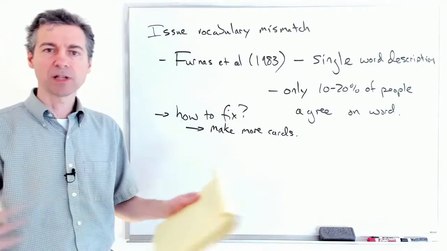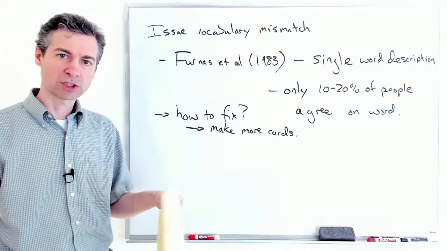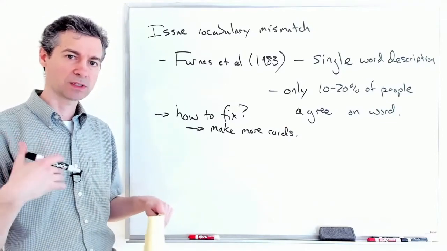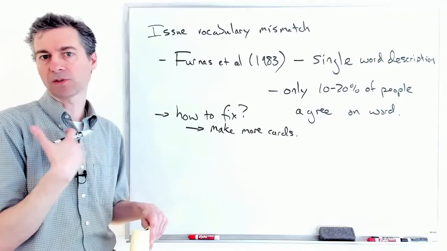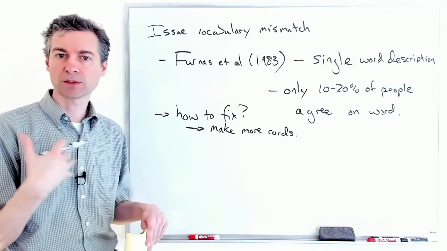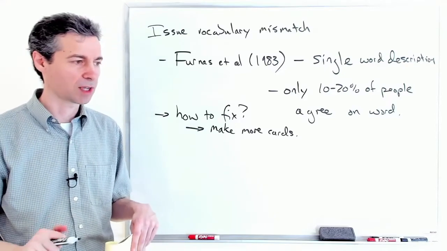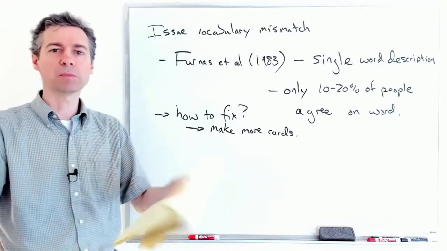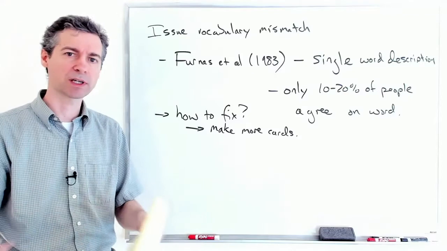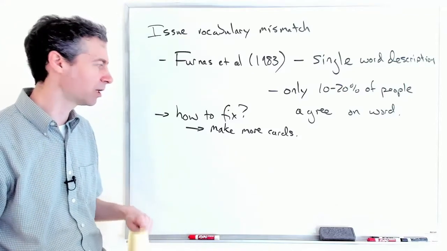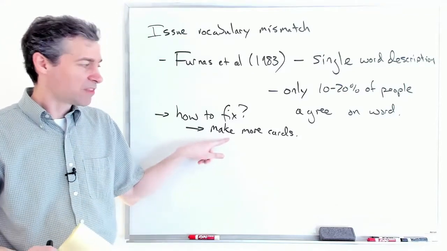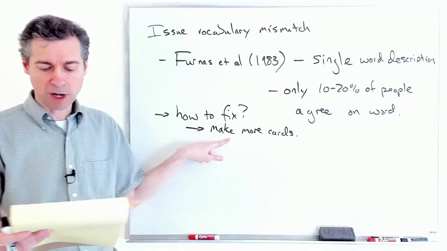You have to have enough subject cards that there's a good chance that the words I will come up with as a user would be able to locate and find that item. And of course, books contain multiple topics as well, so we need to describe those as well. But this then runs us into a problem.